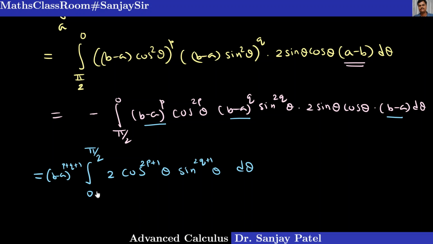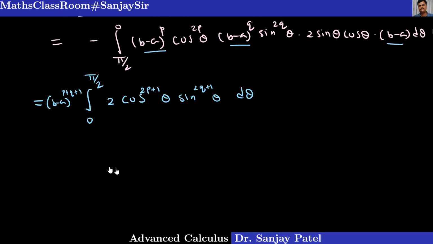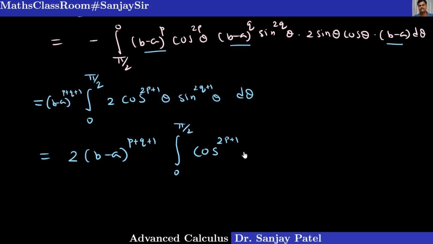That 2 also I can write outside of this integral sign. So this is equal to 2 times b minus a raised to p plus q plus 1 integral 0 to pi by 2. And now you know this is a familiar term. So cos raised to 2p plus 1 theta into sine raised to 2q plus 1 theta d theta.